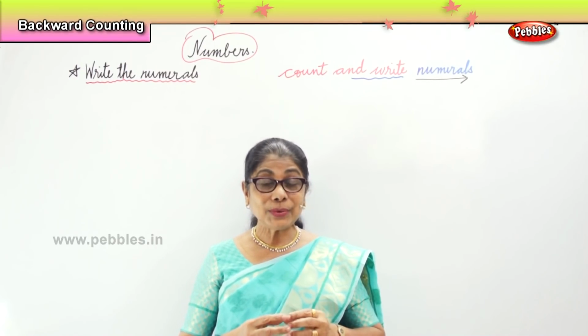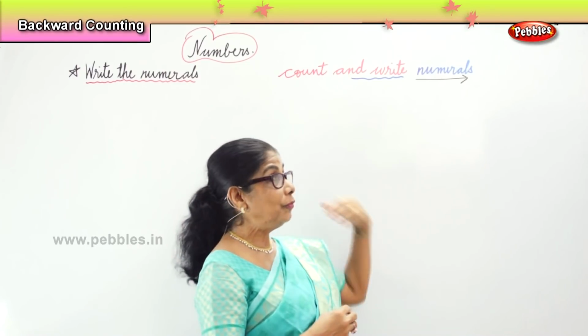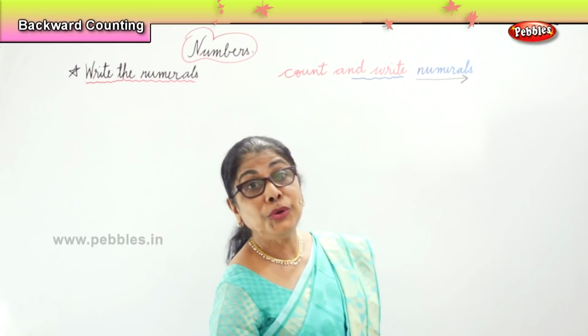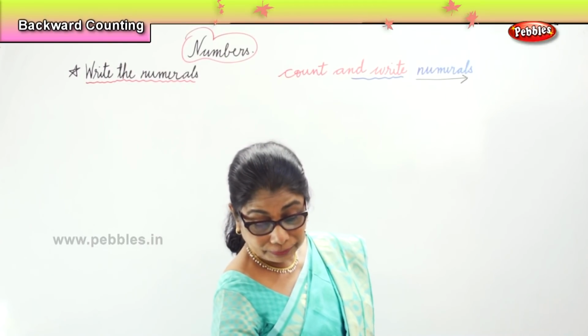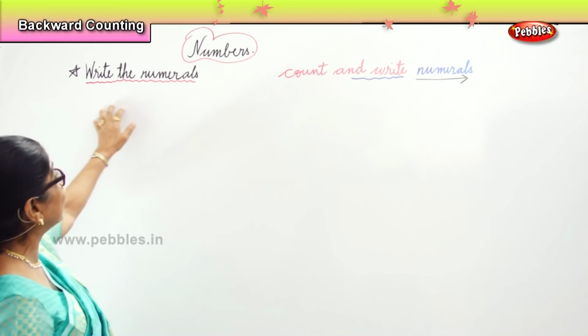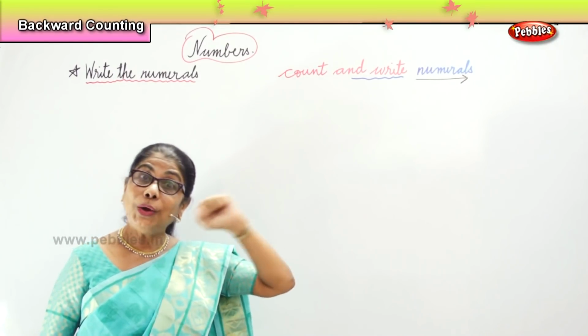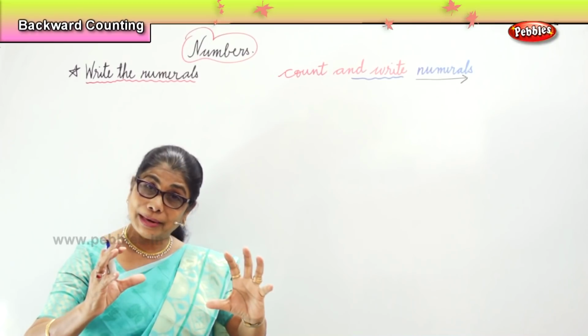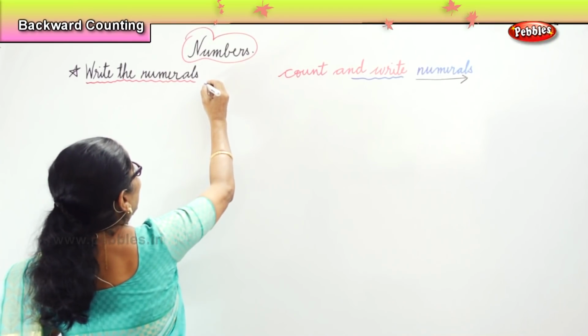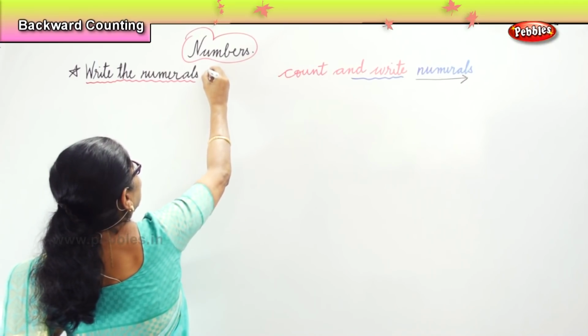Yes? So now what we are going to do is, we finish counting forward. Now we are going to count numerals backward. So forward and backward. We finished writing numerals 1 to 100. The same numerals, we are going to count backward.